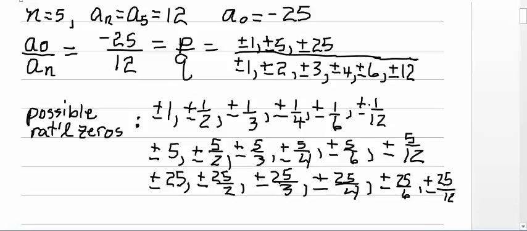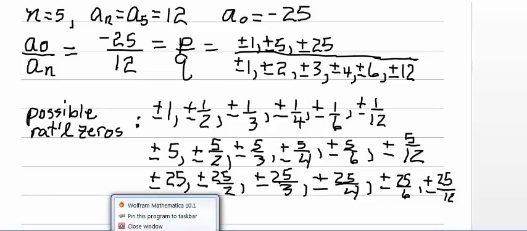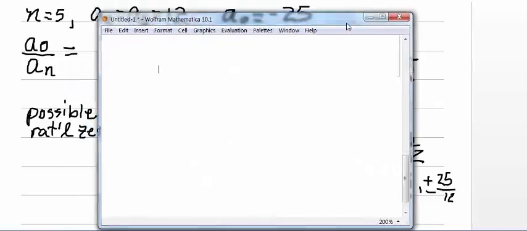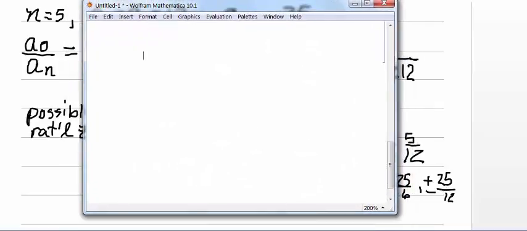So notice this gives us 36 possibilities. We get 6 positive possibilities in each row, 6 negative possibilities in each row, so that's 12 possibilities for each row, and we have 3 rows altogether.